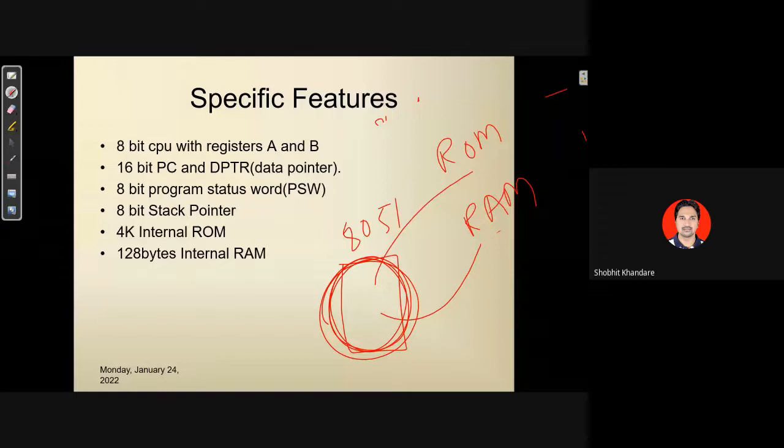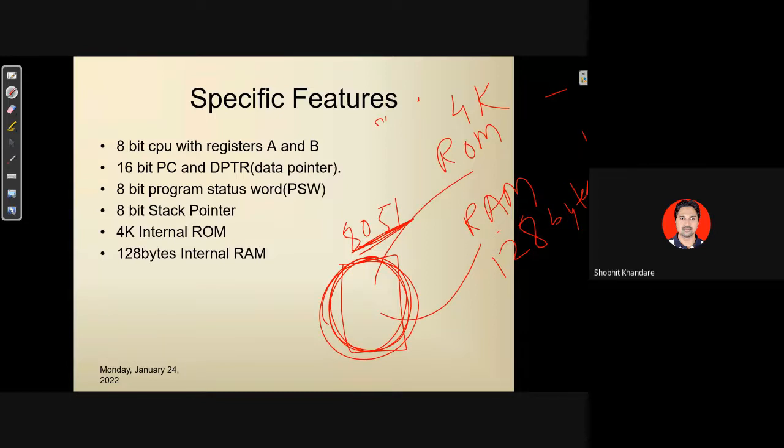I will be giving you the meaning of internal ROM and external ROM. As far as 8051 is concerned, the internal ROM size is 4 kilobytes. And as far as internal RAM is concerned, the size is 128 bytes.